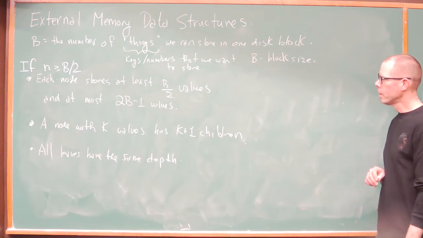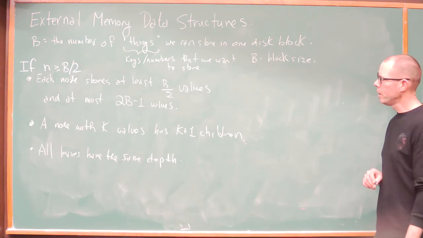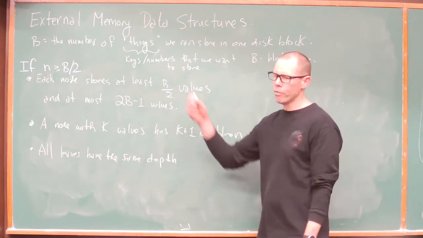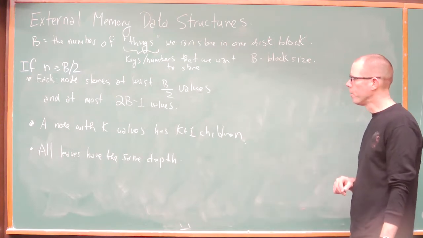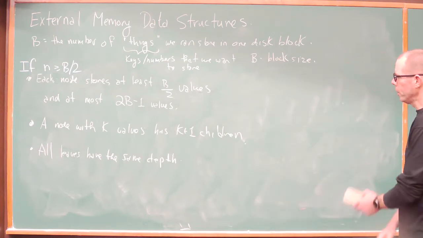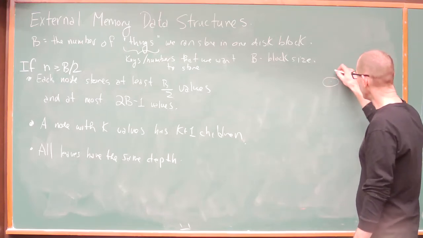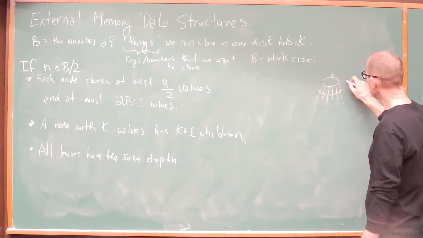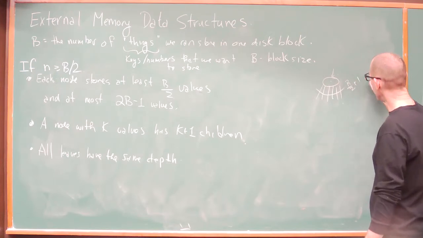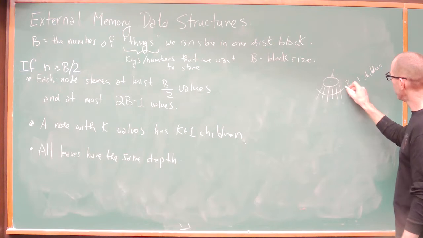So that's kind of a boring edge case. But if n is big, meaning that it doesn't all fit in one block, then these are the rules that you have to follow. And you can see if you look at the root of this tree, it has at least b over 2 plus 1 children, right?